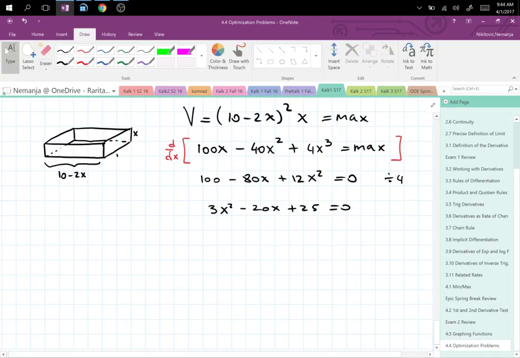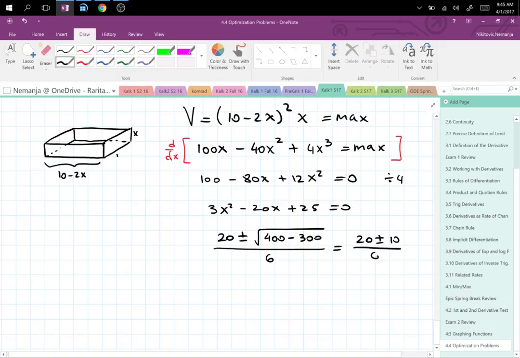Alright, so we use quadratic equation now. So negative b, so that's 20 plus minus square root of 20 squared is 400 minus 4ac, that's 300, divided by 6, which is 20 plus minus 10 divided by 6, and then that's 30 divided by 6.